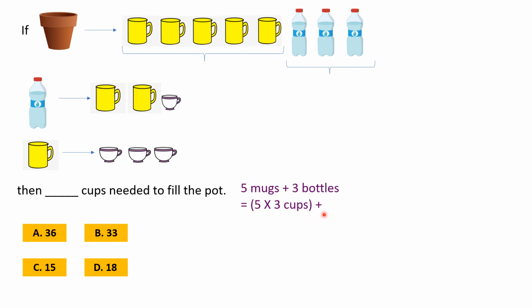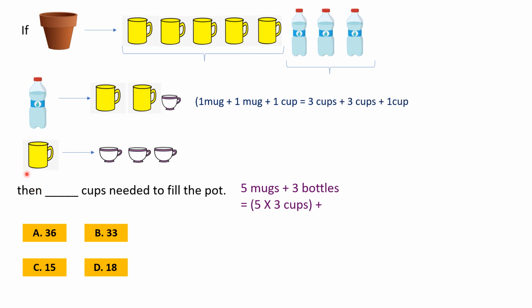Now let's find out 3 bottles are equivalent to how many cups. 1 bottle is shown in terms of mugs and cup. So we need to convert it into cups. 1 bottle is equal to 1 mug plus 1 mug plus 1 cup.